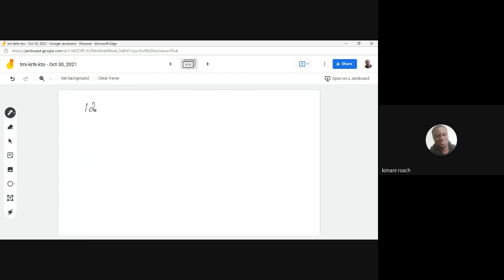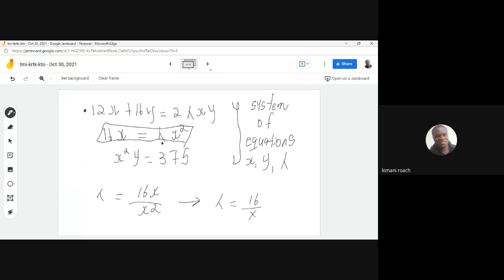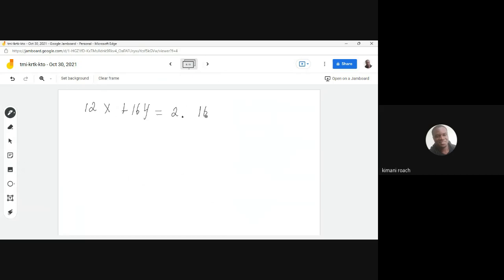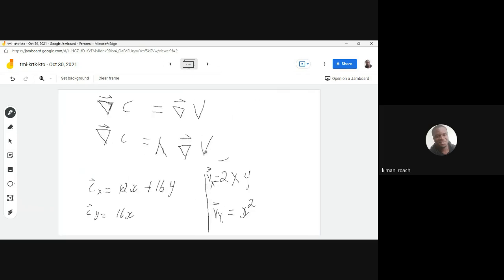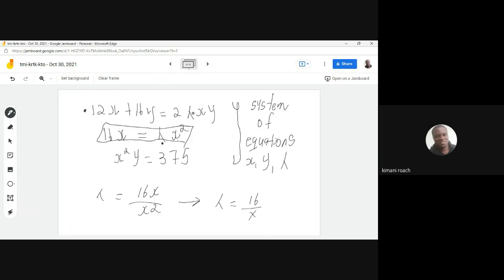So that's going to be 12x plus 16y is equal to 2 times 16 divided by x times xy.